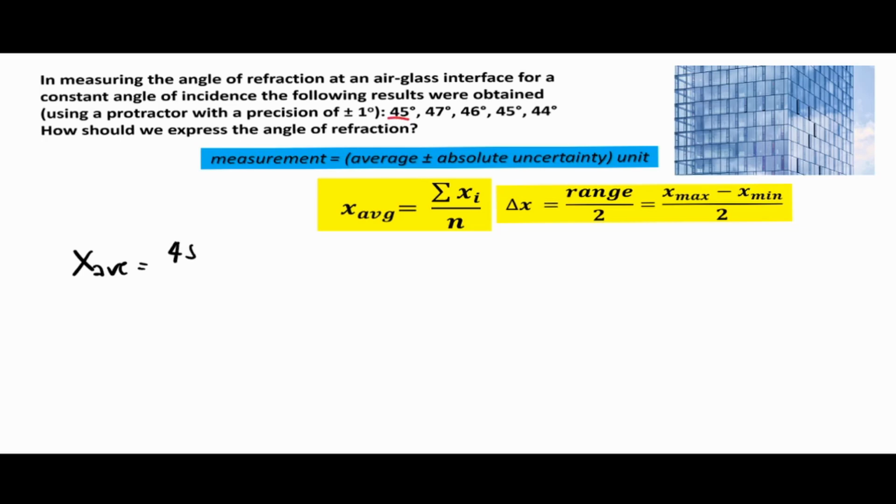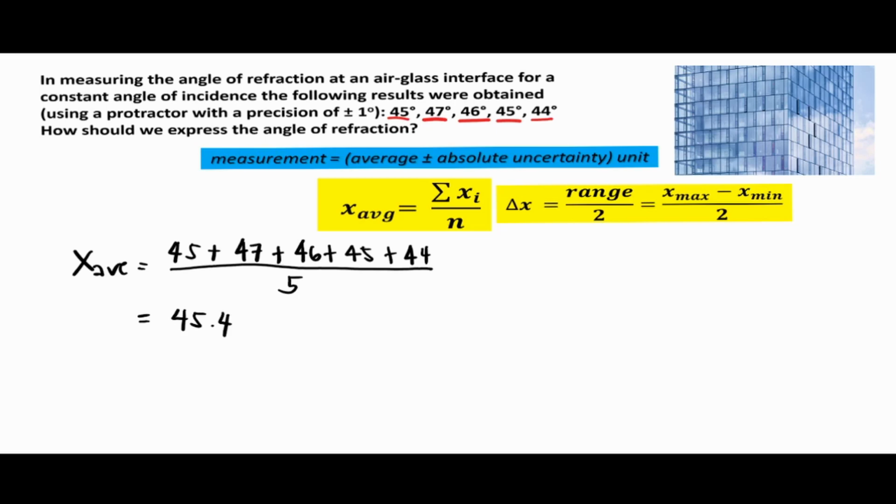We have 45 degrees plus 47 plus 46 plus 45 plus 44, and then we divide it by the number of data that we have, 5, and the answer is 45.4 degrees.